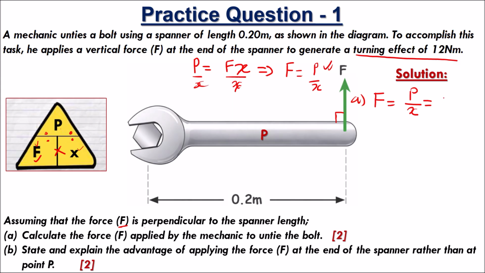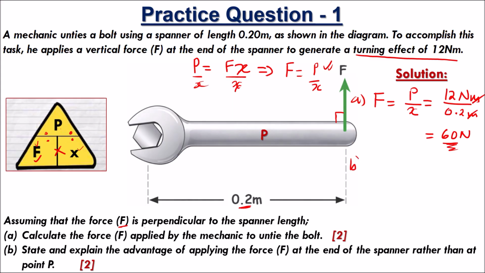This is the moment. So 12 Newton meters divided by, what is the distance? It is 0.2 meters from the pivot. And we are supposed to get 60 newtons. The meter will cancel the meter. The only unit remaining there is a newton.